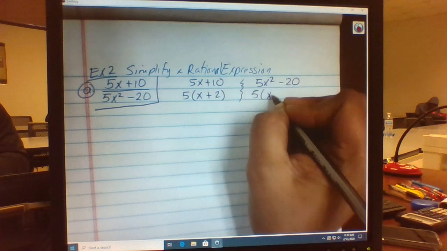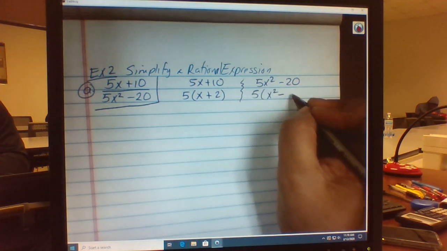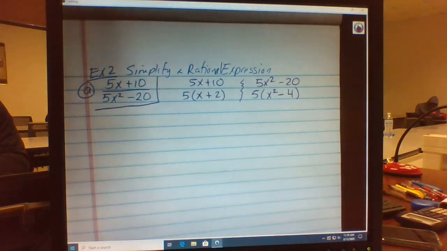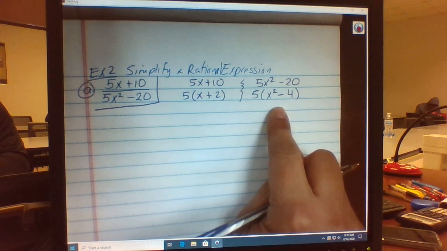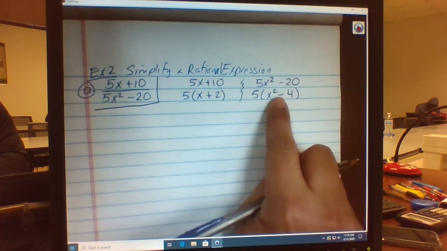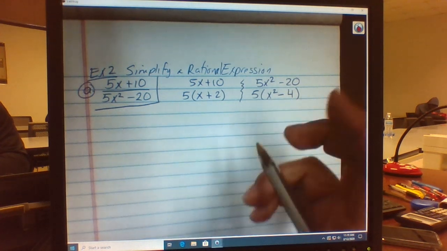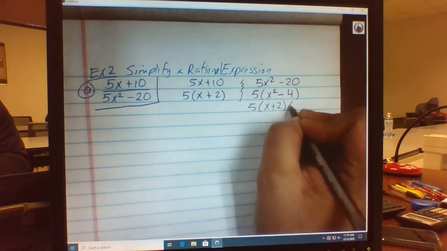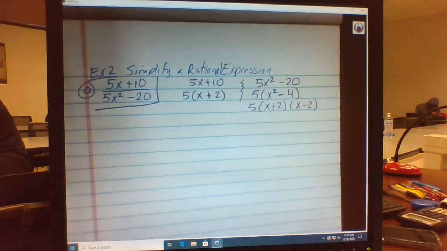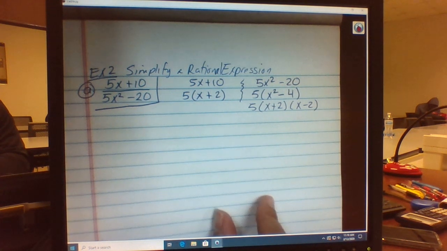So this becomes 5 times (x squared minus 4). Can I do anything else to this? This is a difference of squares. So what does this x squared minus 4 become? (x plus 2)(x minus 2). You need to factor all the way to be able to figure out, can I do something?